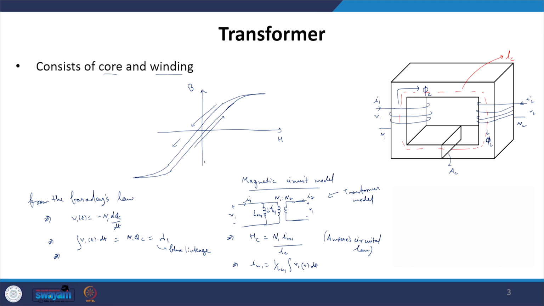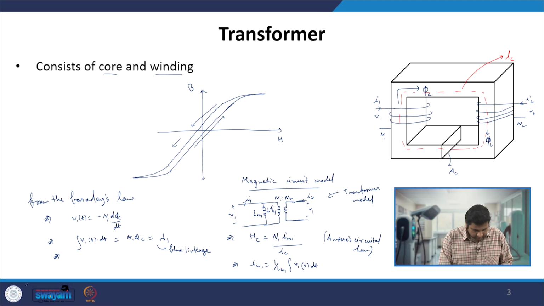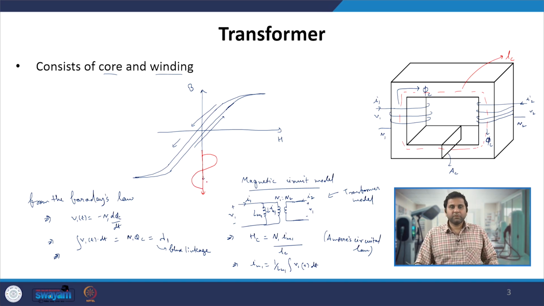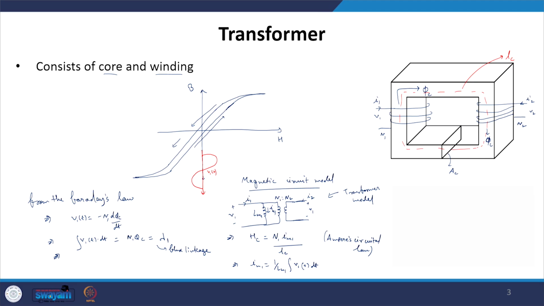Let us assume our excitation to be sinusoidal, with some positive sinusoidal and then some negative sinusoidal excitation which we are giving as V1 of t. If we take this V1 of t to be a sinusoidal excitation, this corresponds to the maximum V1 which will be applied.